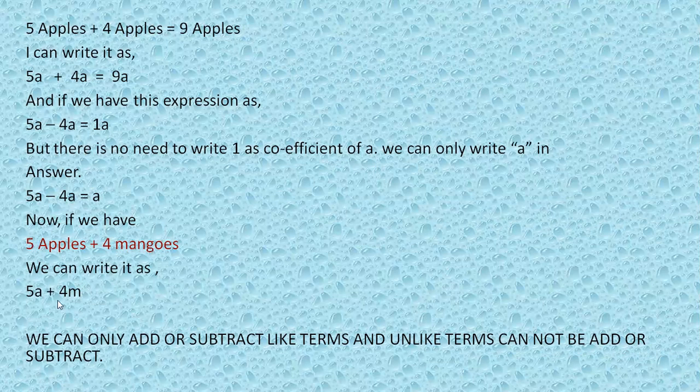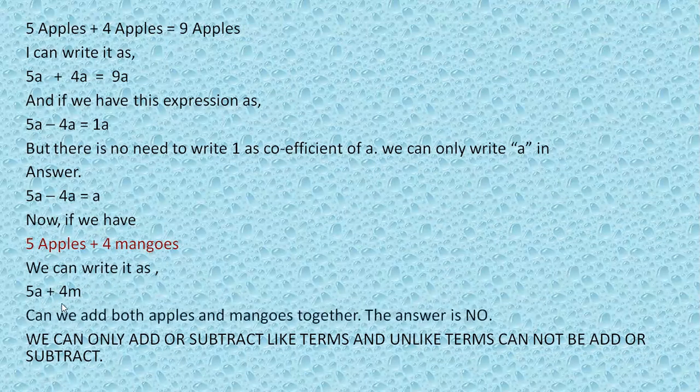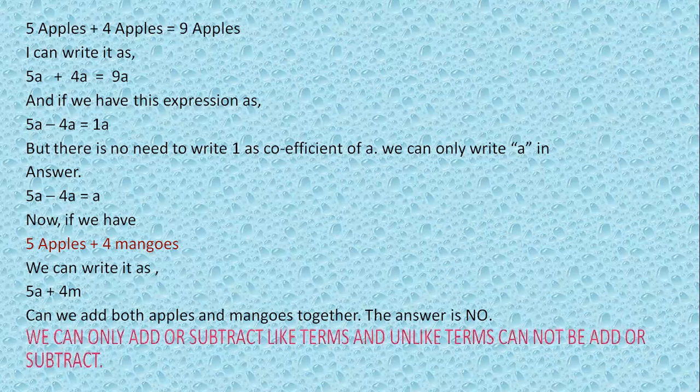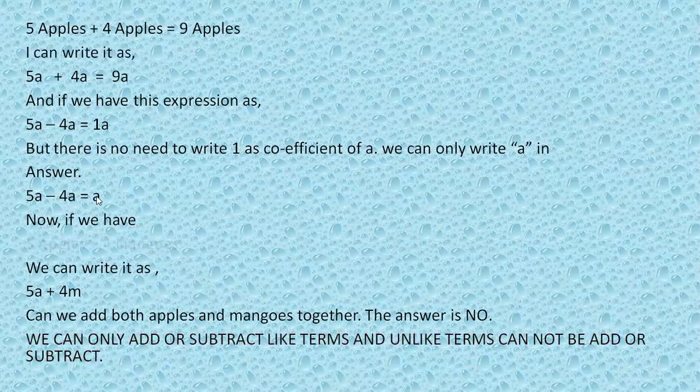All right. Now, can we add both of them together? The answer is no, because we can add apples and mangoes separately, but we cannot add apples and mangoes together. Here we got the point that we can only add or subtract like terms, and unlike terms cannot be added or subtracted, right?